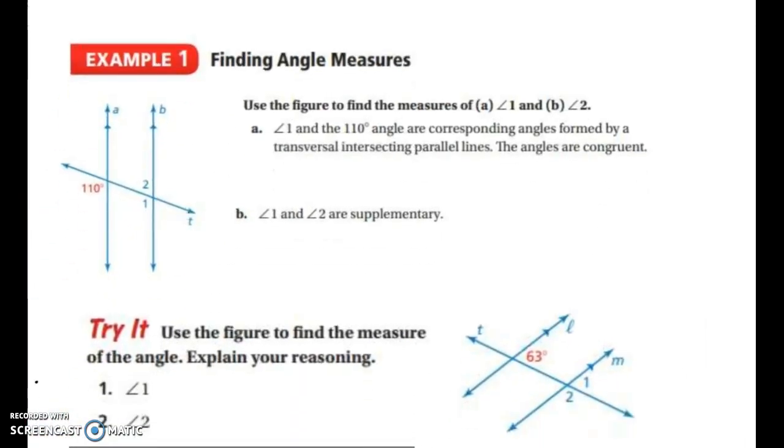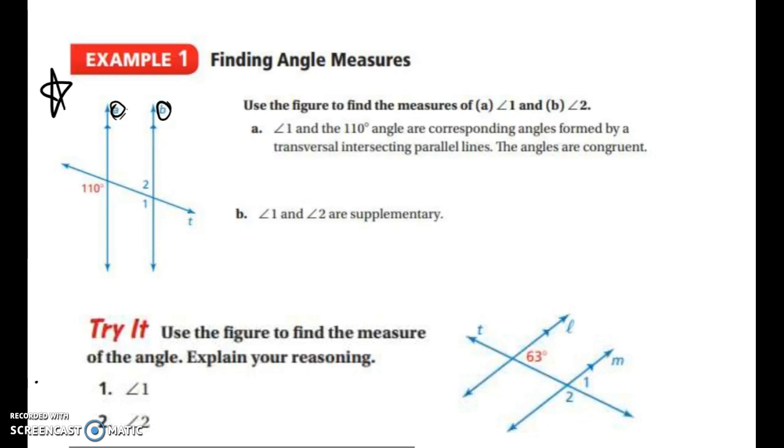We're going to skip the exploration and go straight to the examples today. We're going to start by finding angle measurements, and we're going to use this figure over here to do that. This figure has a bunch of important things on it that we need to know before just jumping into part A and part B. First, the A and B over here are the names of the two vertical lines.